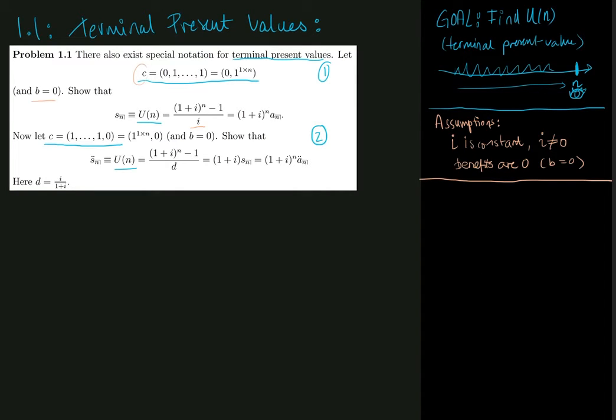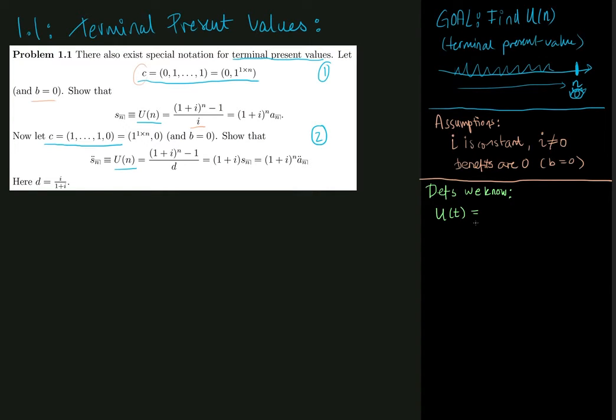Now, one more thing. Which definitions do we know? Well, the first thing that we know is we do have an expression for the present value U of t. Let's just write that up, because we can find it in the book.